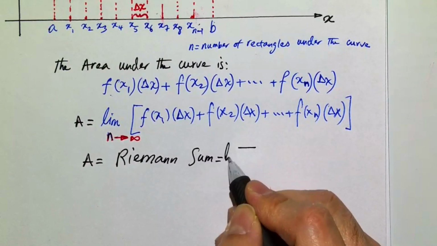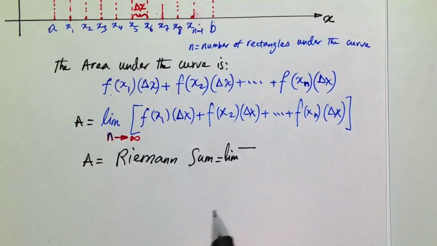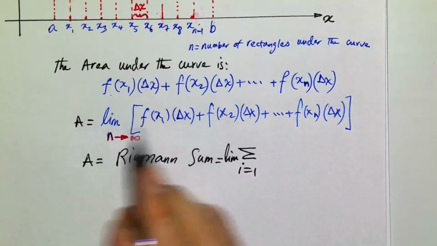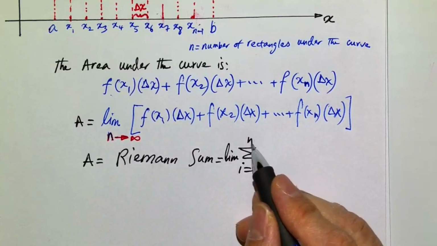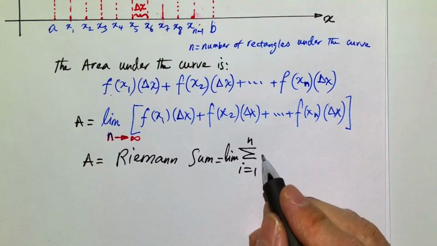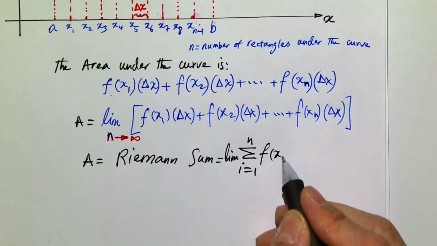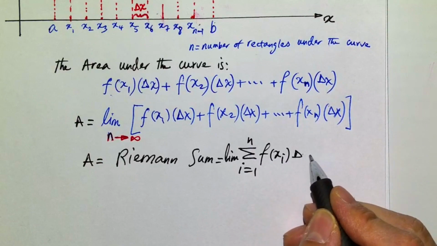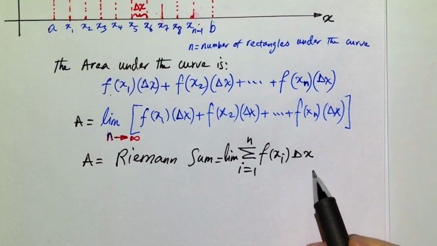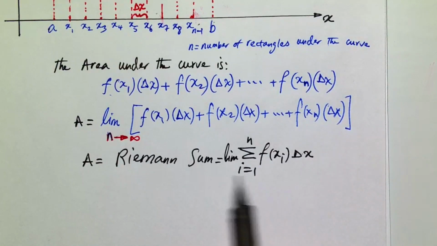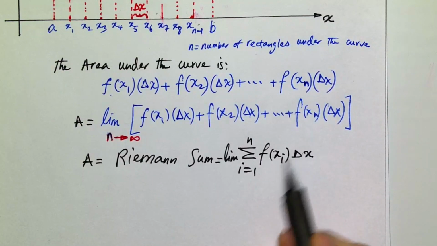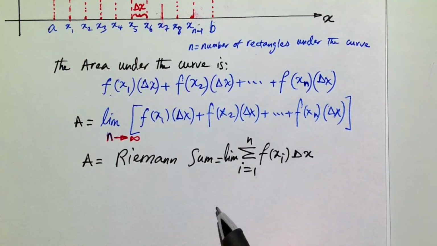So it would be the limit of the sum, 1 to n, and take it arbitrarily large, a very large number of rectangles, of this calculation, delta x. Okay, and we assume that these widths are equal, so I'm not going to put an index here. The same width for all of these function values.